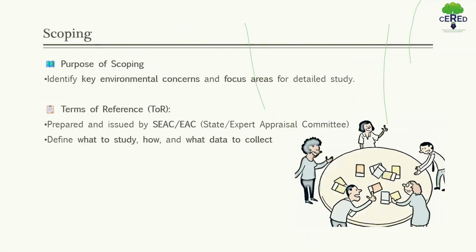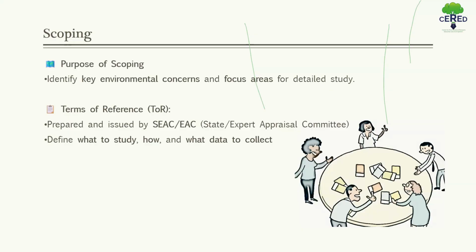Now next, we move to the scoping step. The purpose of scoping is to identify the key environmental concerns and focus areas, and to prepare for the SEAC or EAC meeting.